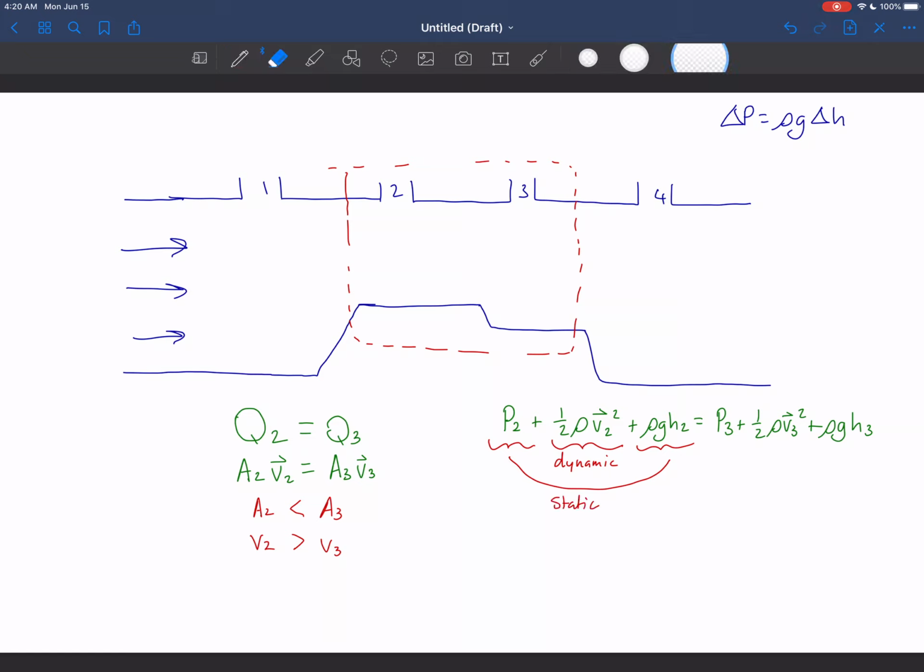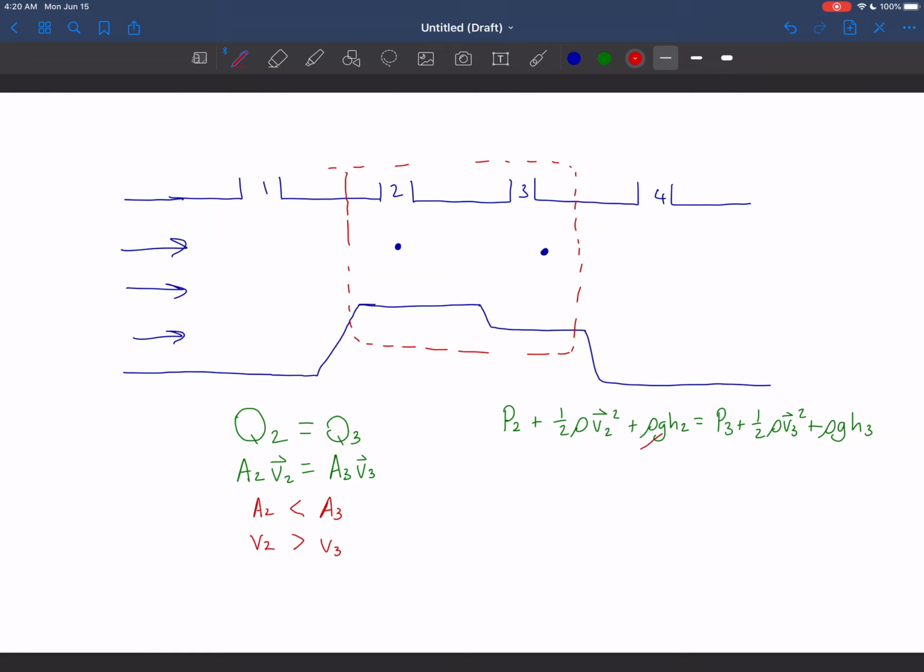Now, what I like to do with the Bernoulli equation is see how much I can cancel out. So I'm going to look at 2 points within this control volume, and I'm going to make sure they're the same height, just to keep as many things constant as possible. I know my depth here is the same, meaning H2 equals H3, so I'm able to algebraically cancel these out.